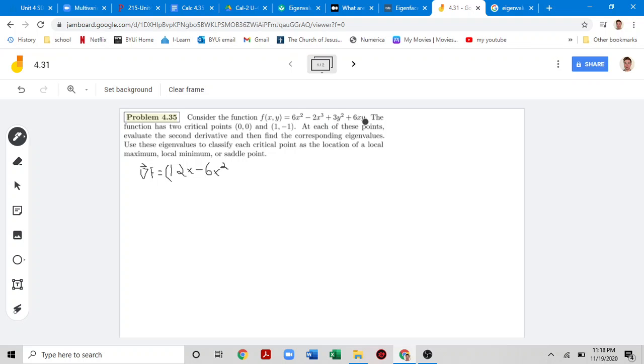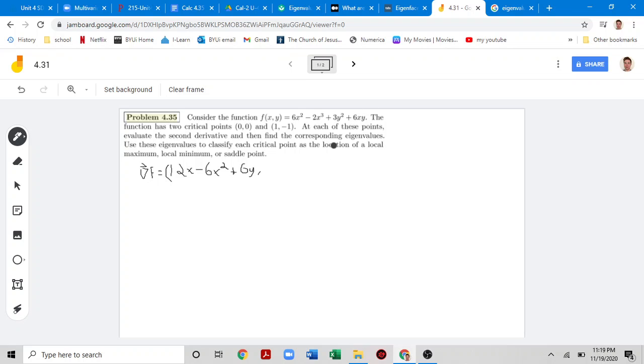Oh, and there's a y that could be treated as a constant, so then it would be 6y plus 6y. Sorry, it might look a little weird. 6y. Okay, cool. And now we can do the y part.